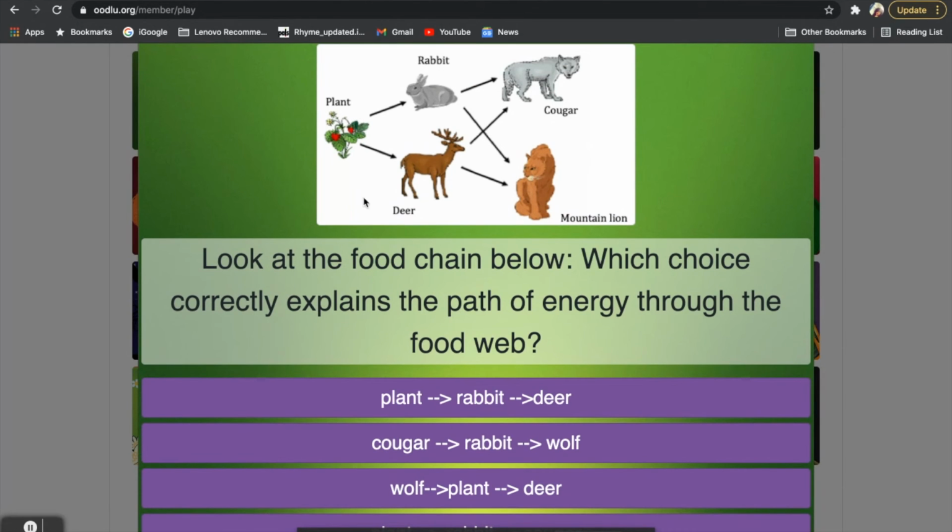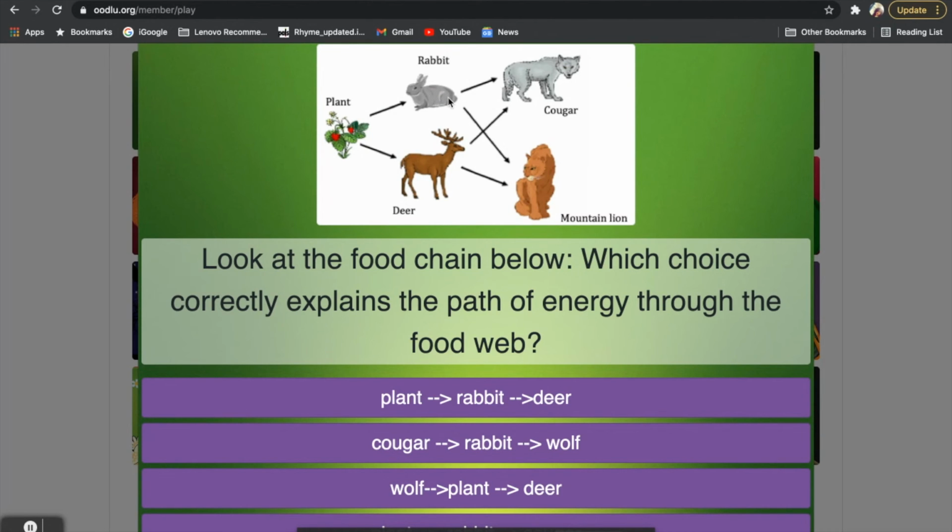We know that producers like plants start out our energy. If we follow our plant to its first arrow, we notice that it goes to a rabbit. A rabbit eats plants for energy. Now, once the rabbit eats the plant, there are different carnivores that can also eat the rabbit. First, we have an arrow pointing to the cougar.